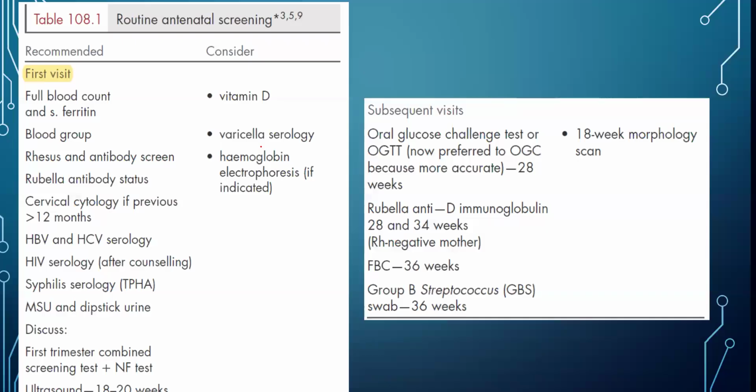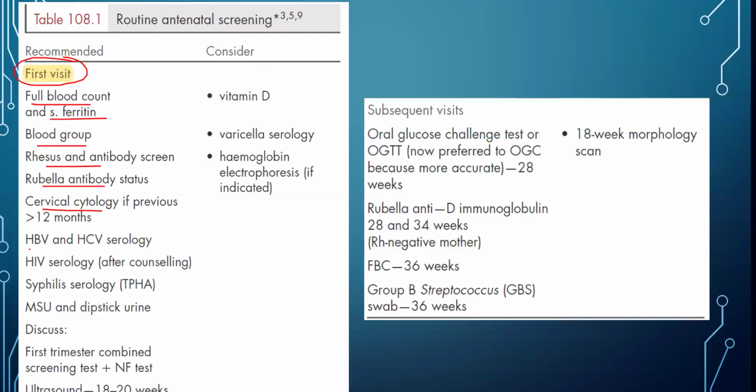Once you confirm that the patient is pregnant, at the first trimester visit, that means the first time you find it out, you will order several investigations, and those are called first trimester screening tests. They include some blood tests and some urine tests. The blood tests will include, for everyone, full blood count, iron status, blood group and Rh typing, rubella antibody status, and cervical screening (we don't say pap smear anymore) if it's due for more than 12 months.